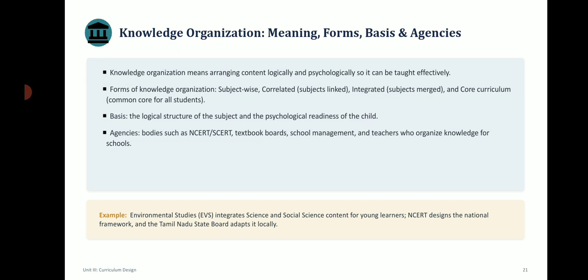The objectives of the TNTBC are to provide good academic leadership to school education in the state, to improve the quality of teacher education, to administer teacher education in the state, to provide in-service education to elementary school teachers, to encourage action research for professional growth of teachers, and to prepare and revise curriculum, syllabus and textbooks for not only education but also teacher education. So these are the roles they have taken into account for their objectives.